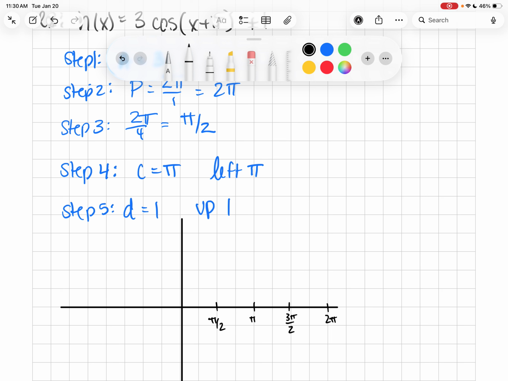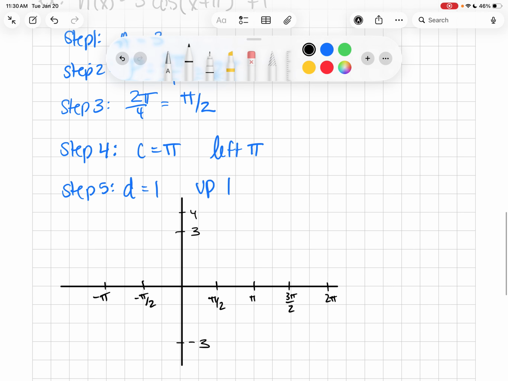Now, I know that I'm going to be going left pi. I know I don't need to go farther than left pi, so I'm going to go to negative pi on the left side. So I have my graph set up.